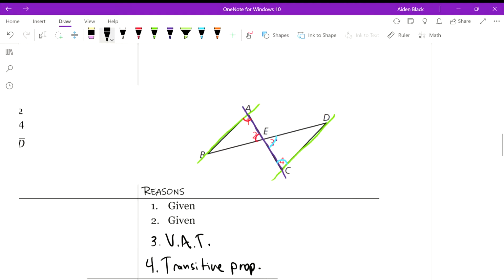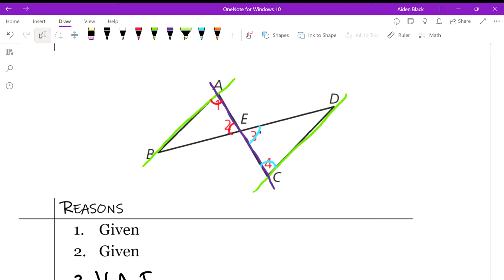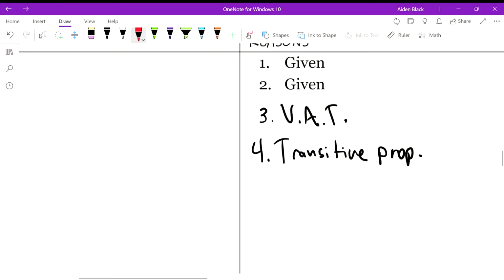And this helps us because if you look at the hopefully parallel lines and this transversal, you see angle 4 and angle 1. Let me draw that transversal. Angle 4 and angle 1 are alternate interior angles.